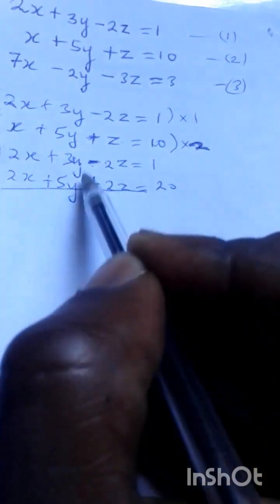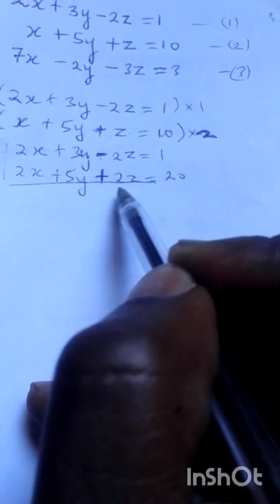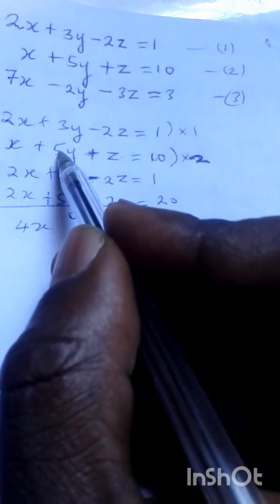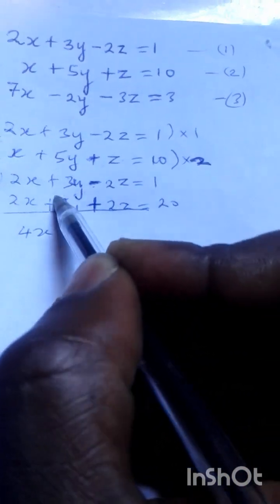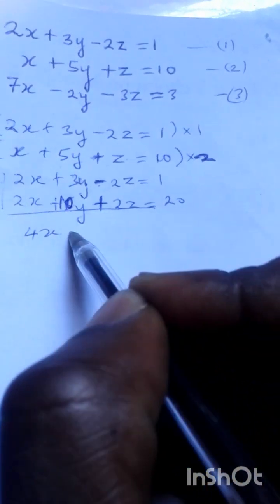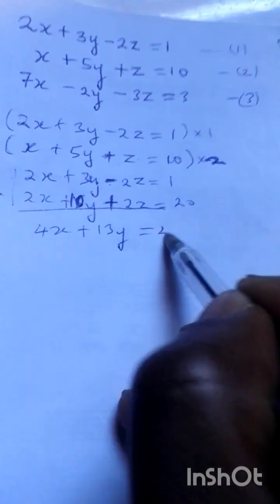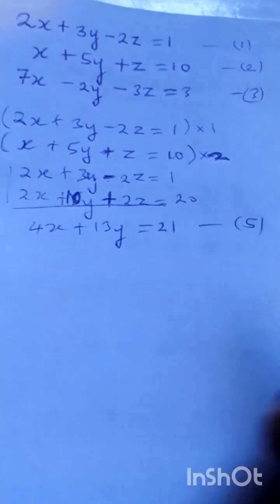They're definitely going to give us a 0. So we use this sign for everything. So this is going to be a 4x, plus 13y, and then here is going to give us a 0. So finally we're going to have a 21 here, and this is going to be equation 5.